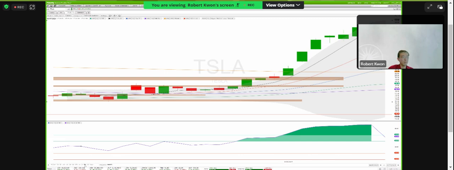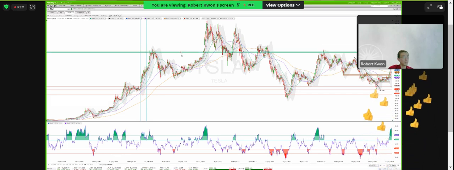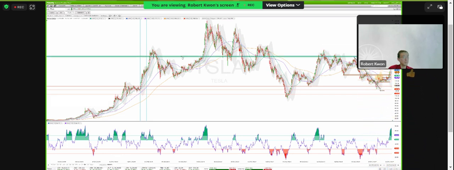Everybody can really see. Did the area it failed at happen at a significant point in the past? Meaning we weren't at an all-time high, so was there past resistance? Answer: absolutely yes.